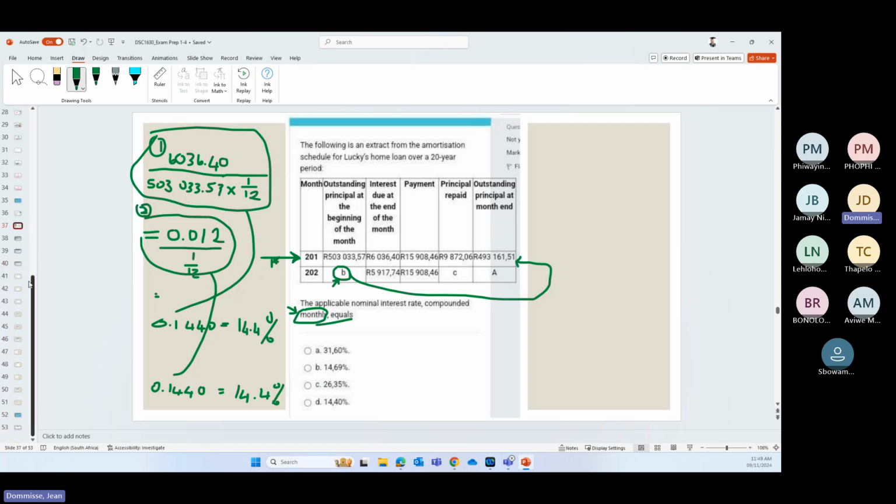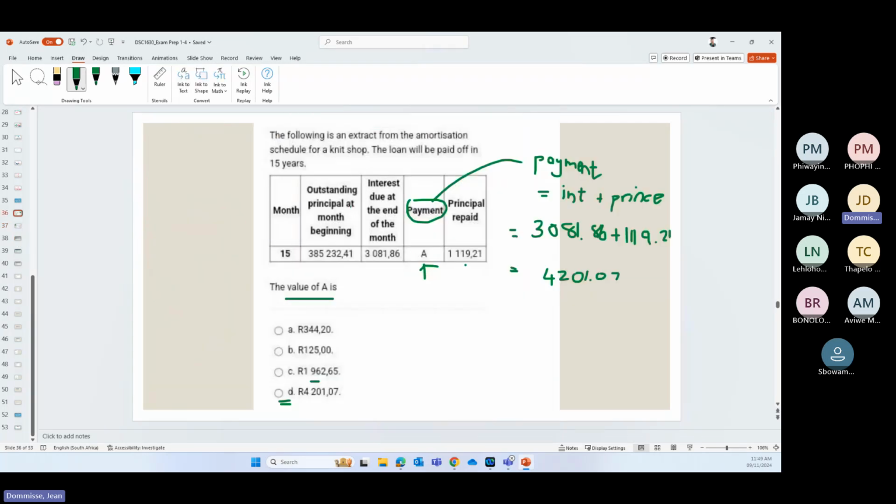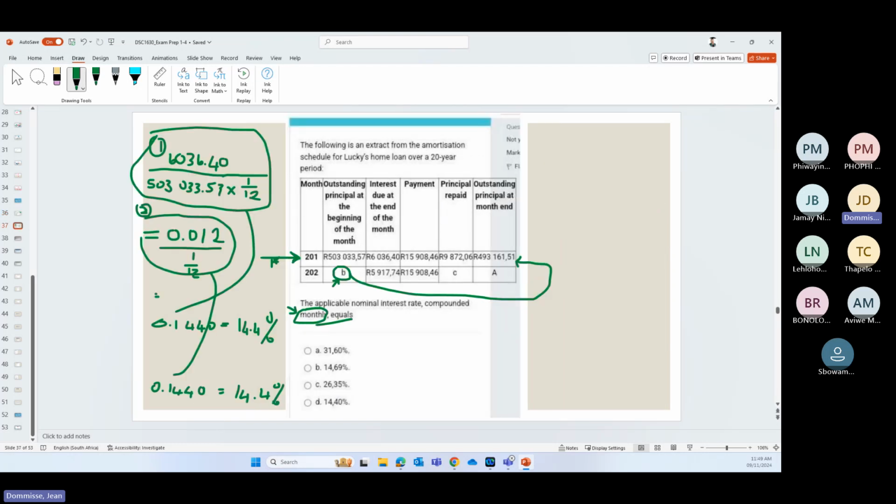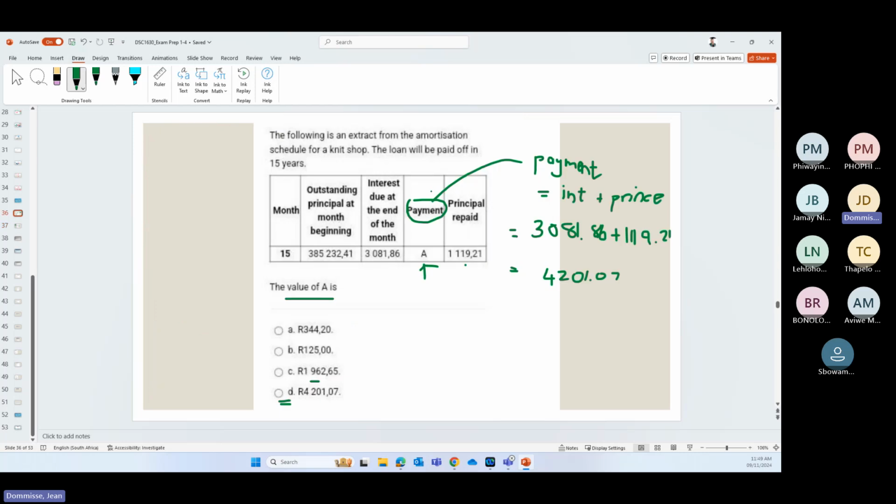Okay, so that is just 2 questions on amortization, where they give you tables. They don't give you any other information. They have not given you the amount that they started off with, for both of them. They didn't tell you the interest rate for both of them.